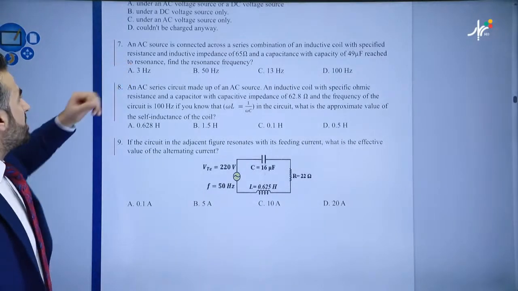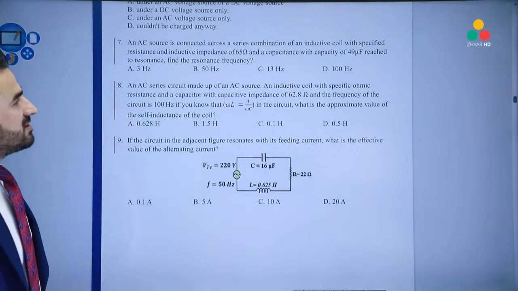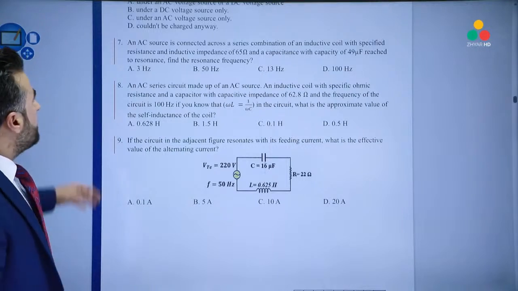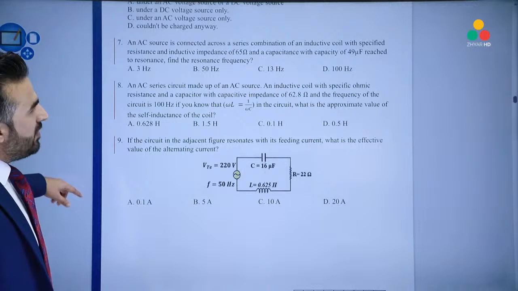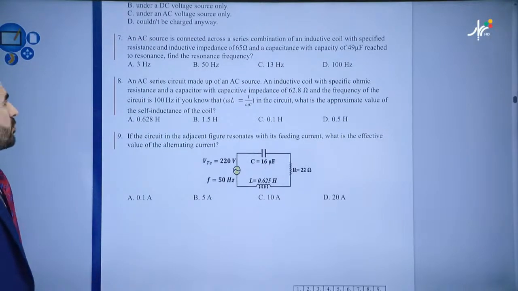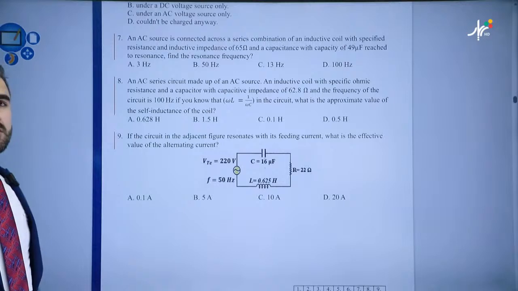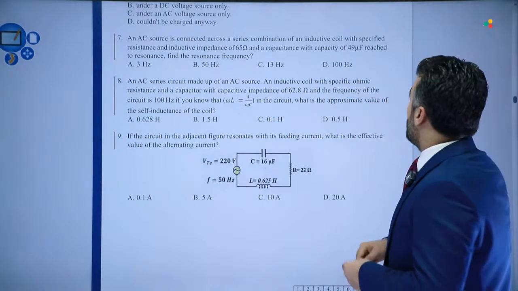Okay, and for this one here says an AC source is connected across a series combination of an inductive coil with a specified resistance and inductive impedance of this much, and a capacitor with a capacity of this much, reach to resonance. Find the resonance frequency. How do you find the resonance frequency? You have these two together.